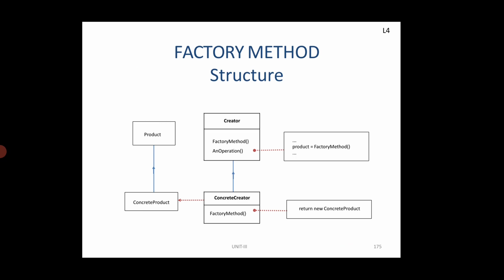Okay, and you need to study the structure of the factory method. We already saw the motivation. In that motivation, in the place of application, we write a creator. In the creator, we take a factory method, one of the operations, and we need to return some product there.